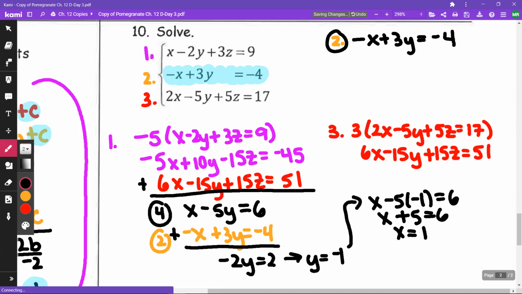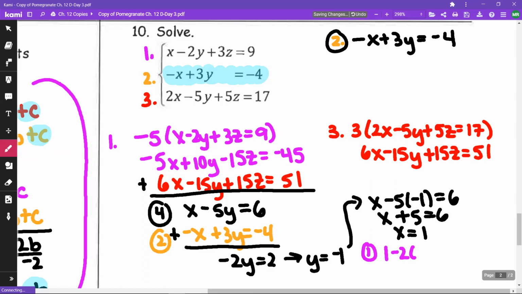And now I need to find my z. So the only way to find my z is to either use equation 1 or equation 3, because 2 doesn't have a z in it. So let's say I do it in equation 1. So if I put those into equation 1, I'm going to have 1 minus 2 times negative 1 plus 3z is equal to 9.